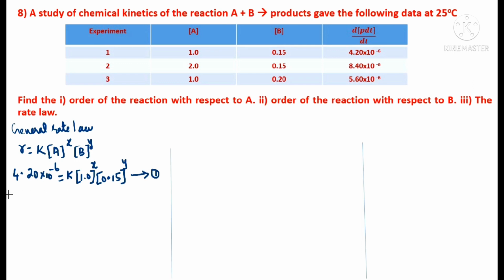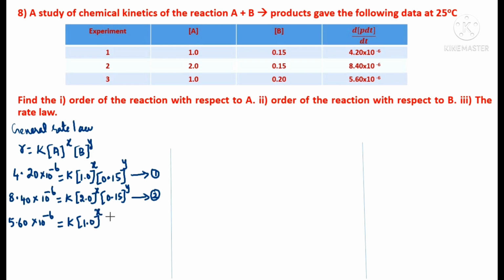The next equation: 8.40 into 10 to the power minus 6 is equal to K into 2.0 to the power X, 0.15 to the power Y. This is equation number 2. Equation 3: 5.60 into 10 to the power minus 6 is equal to K into 1.0 to the power X. We do not know the powers, so that's why we have written X and Y.